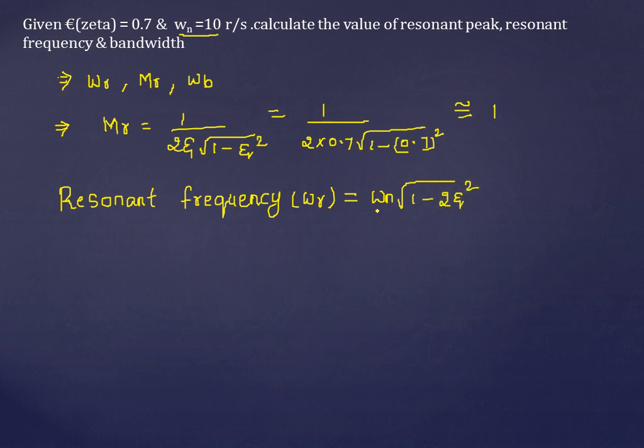Substituting the values, omega n is 10 radians per second and zeta is 0.7, so omega r is 10 into square root of 1 minus 2 into 0.7 whole square.